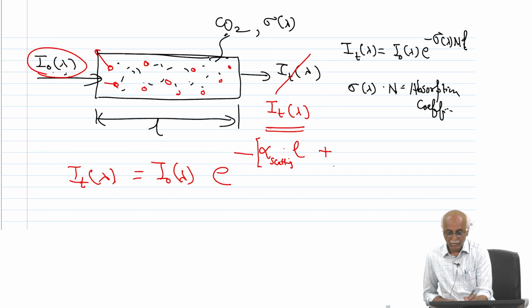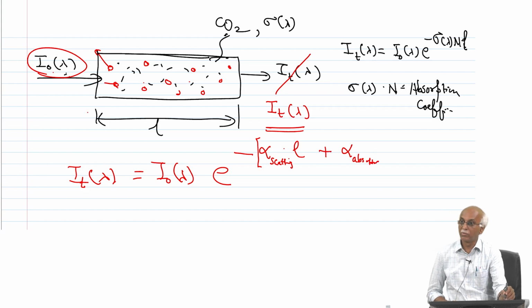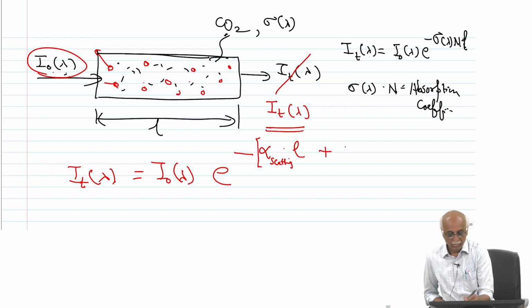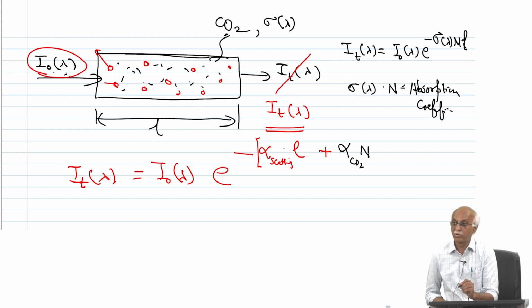plus alpha of absorption medium, which is CO2 in this case. So, maybe I will write in terms of alpha CO2, correct, alpha into concentration of CO2, is it not?